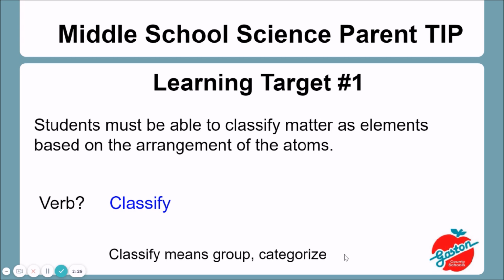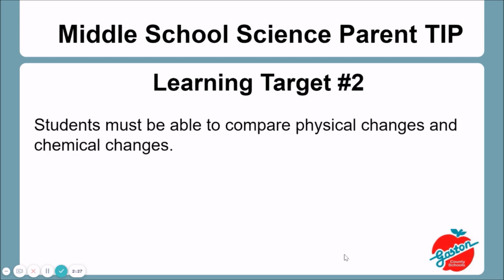Let's look at another learning target. Students must be able to compare physical changes and chemical changes. What is the verb in this example? The verb is compare. What does compare mean? Are you thinking?